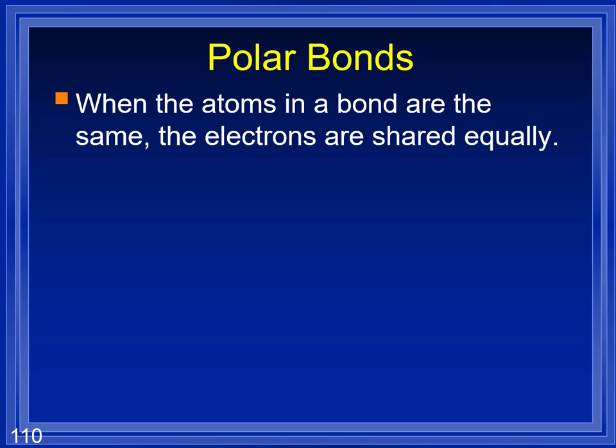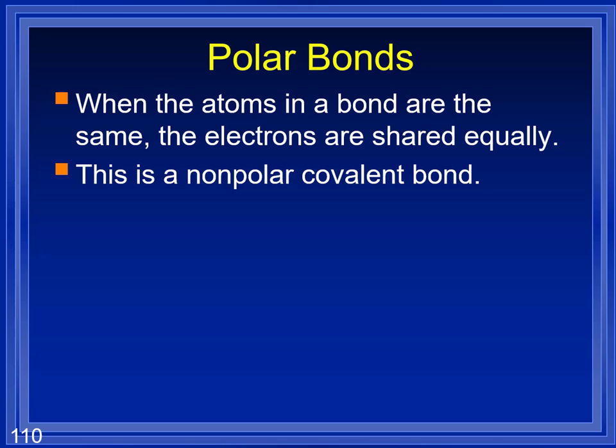This is a bond where both ends are the same. That is non-polar. Polar means you got ends that are different. And here on my bond, if they're the same atom, they're going to be pulling the same. So one end won't be different, both ends are going to be the same. So it doesn't have ends that are different, it is non-polar.